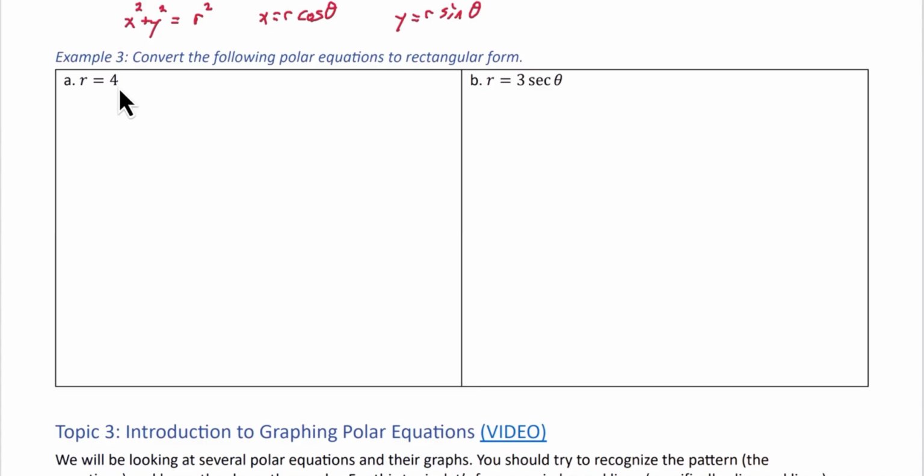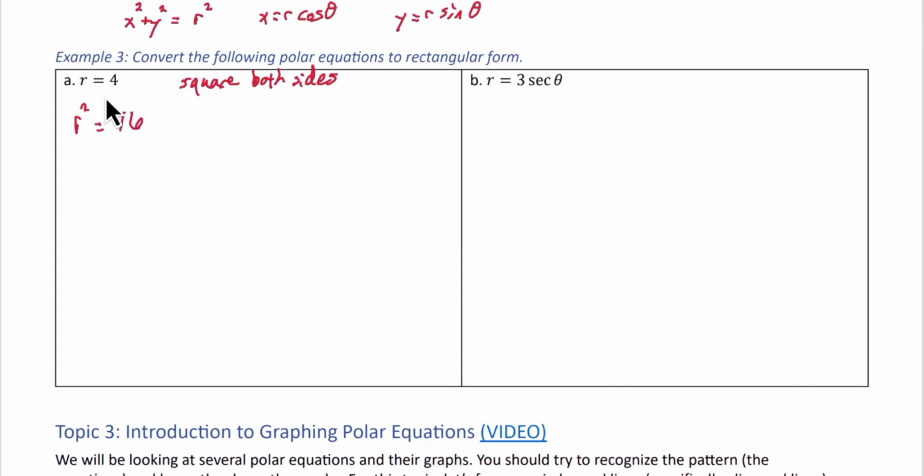We'll have this leftover r that doesn't really help us. So the second thing we can do is square both sides, which will help us in this case. If we square the left, r times r is r squared, and if we square 4, we get 16.